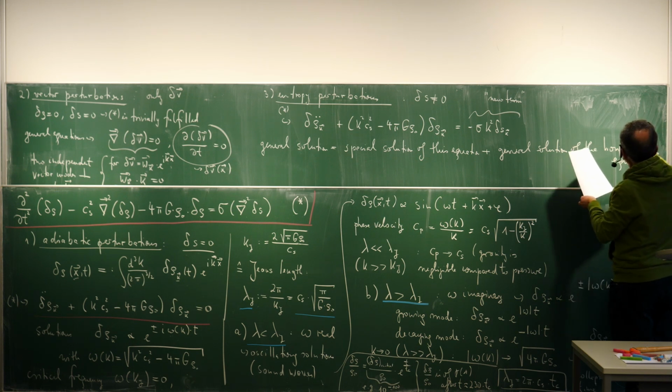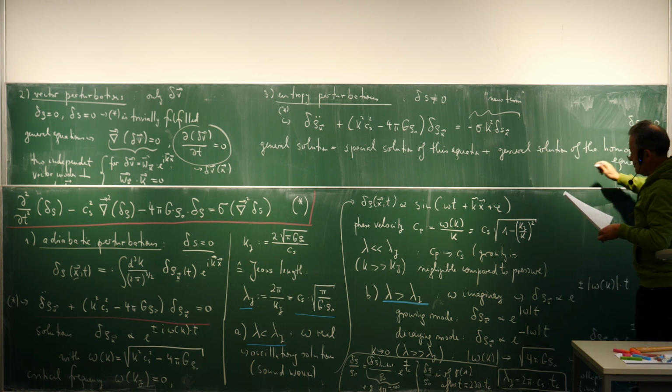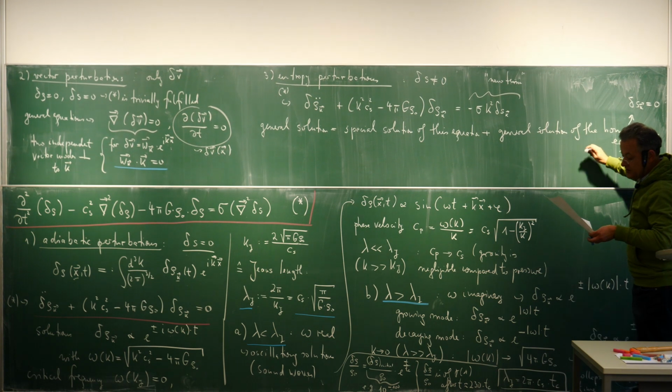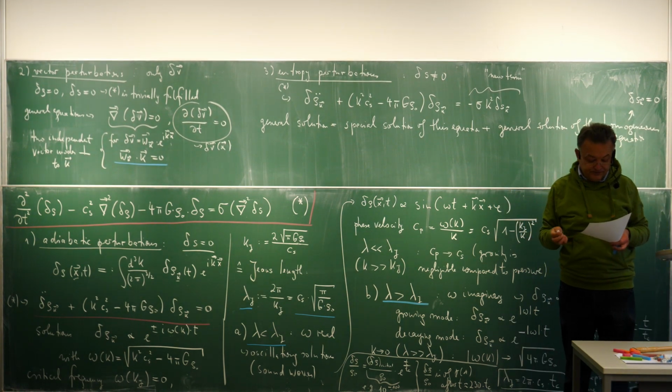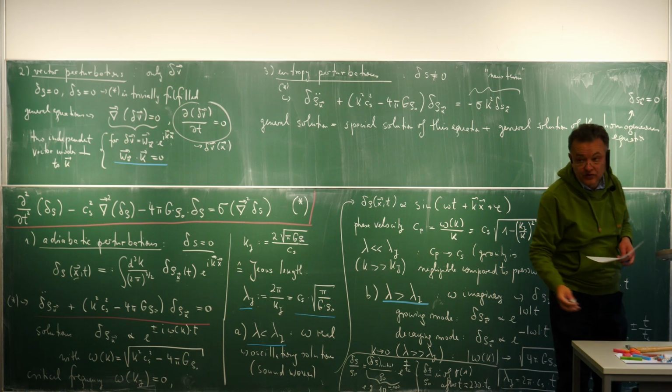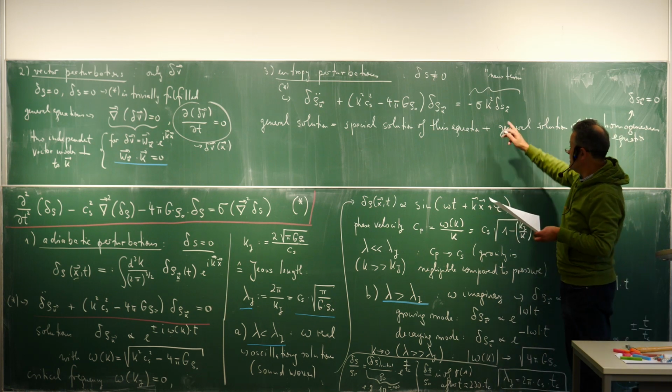The homogeneous equation is for delta Sk equals 0, which we already have at our disposal. Now let me only write down the solution for time independent delta S of k.